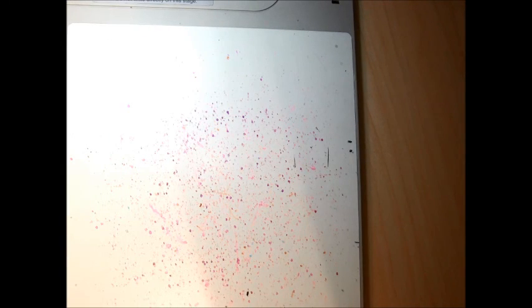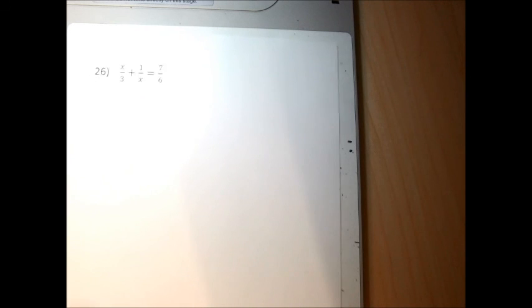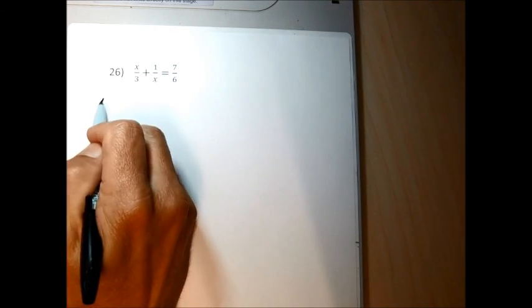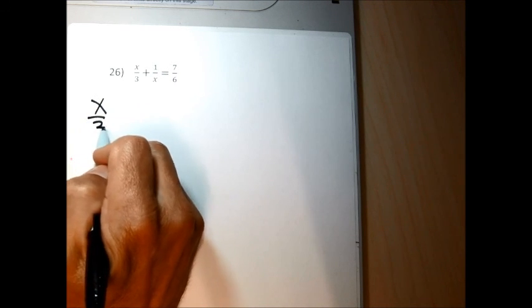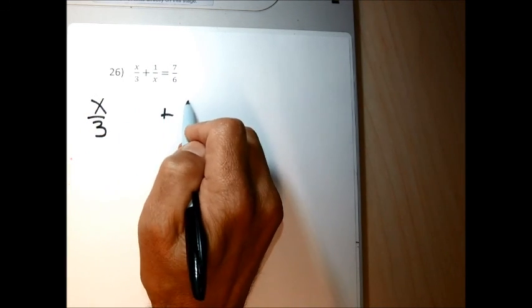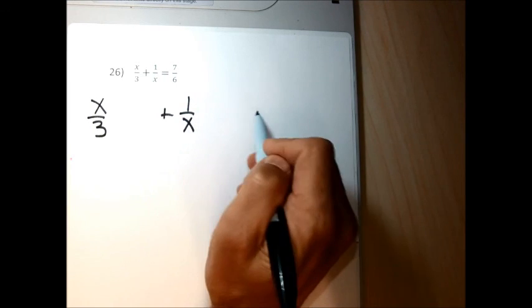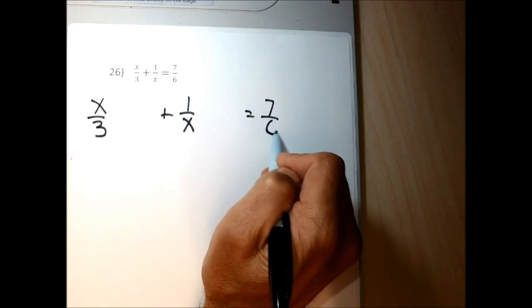All right, 26 is similar in that I need to get rid of the fractions, but I don't have to factor. I'm going to leave myself some room. I need to get rid of a 3, an x, and a 6.